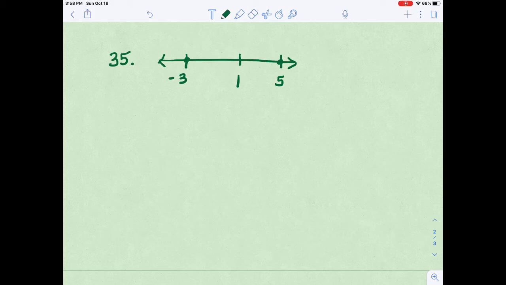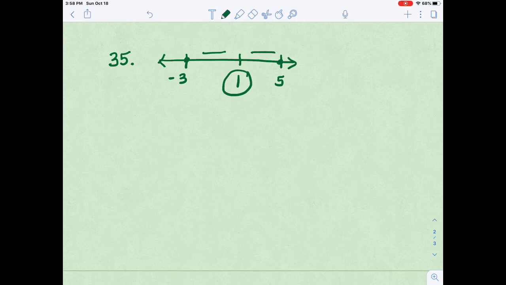You could average those two numbers, or in this case just look at the number line and find the middle. If I count 1, 2, 3, 4, 5, 6, 7, 8 spaces, I know there has to be 4 on either side. There's 4 here and 4 here. And so my middle number is 1.